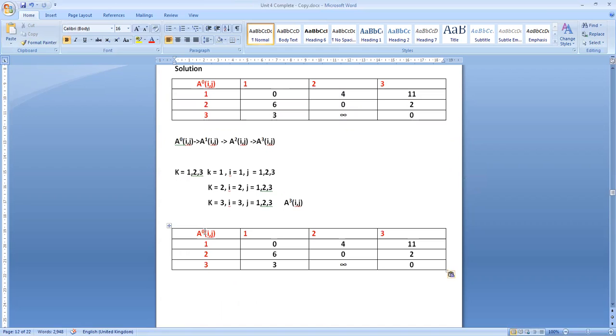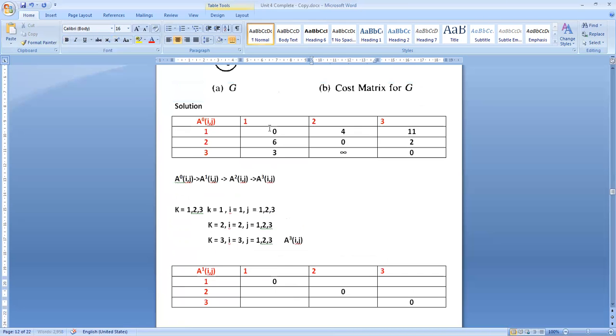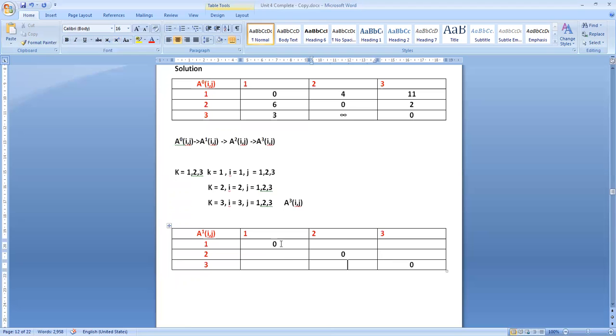Now this one is 1, and these are the values I have to find.